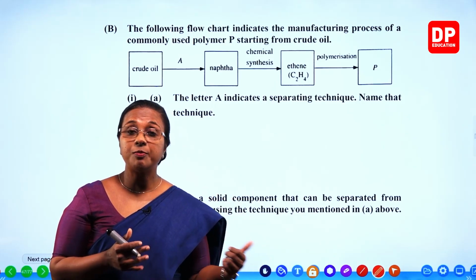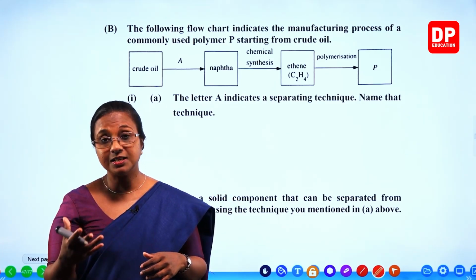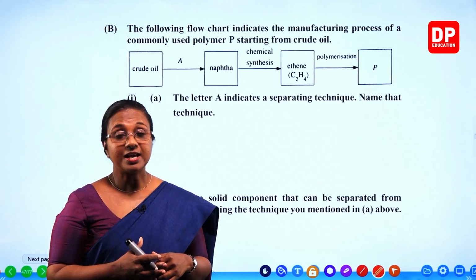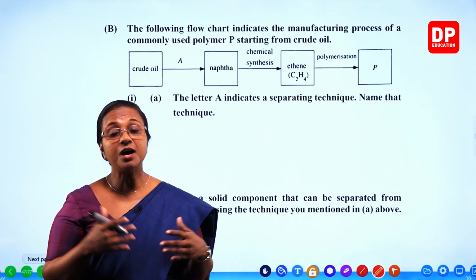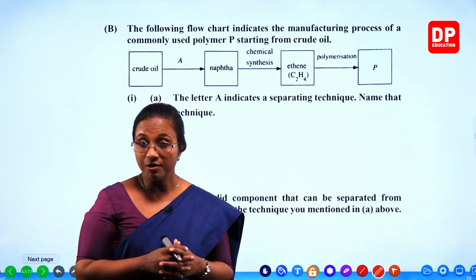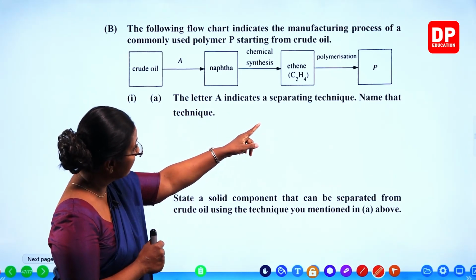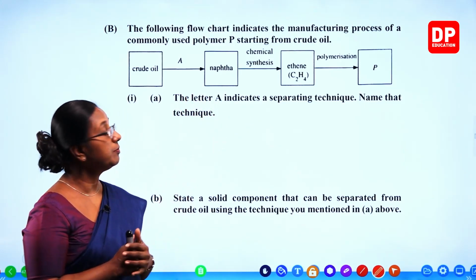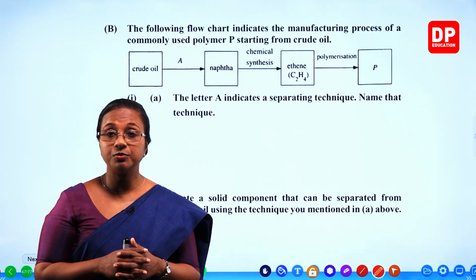There are natural polymers and artificial polymers. There are even biological polymers like polysaccharides, proteins, nucleic acids, all those are biological polymers. So you're familiar with that. So here it is a polymer P at the end starting from crude oil. So you know what crude oil is, usually petroleum crude oil.